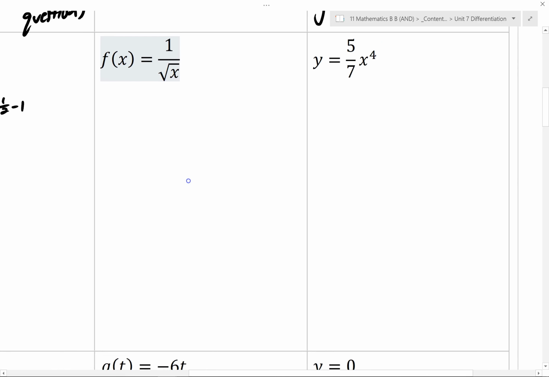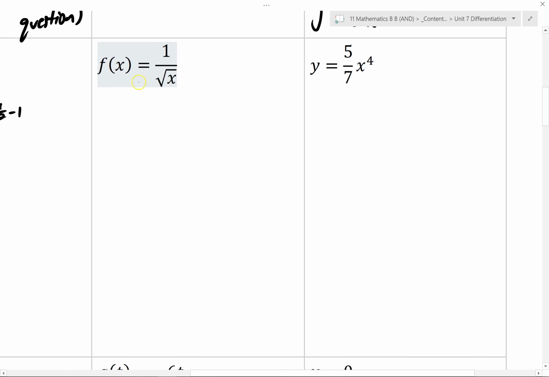This is probably the hardest type of question there is, where I've got a fractional square root sign and it's on the bottom of the fraction. So I'm going to first just change that square root sign so that it's a fractional power. And then I'm going to make sure I bring this x to the power of a half up on top of the fraction line and make it a negative power.